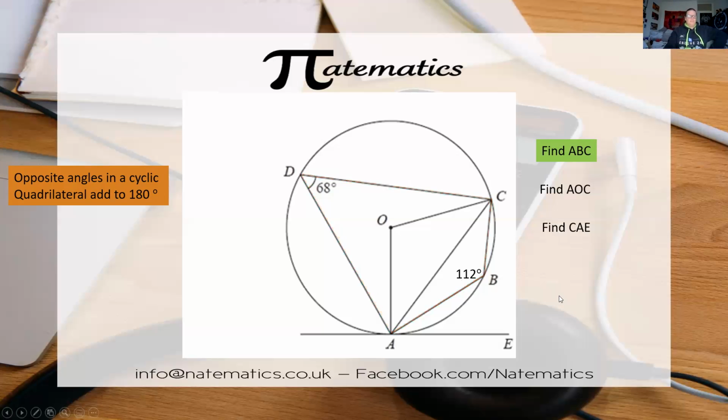Okay, so the next thing is to find angle AOC. Where is that? Well, that's here. It's the angle in the middle. Remember, angles are always formed by two lines, where one has come away from the other and rotated away from it. So let's have a look at what we've got here.